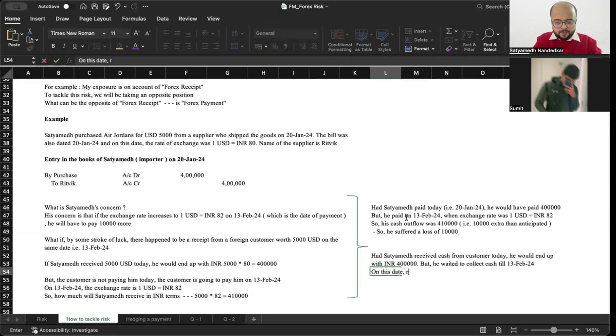On this date, the exchange rate was $1 equal to INR 82. So his cash inflow was INR 4,10,000. That is 10,000 more than anticipated, which means he had a gain of 10,000.